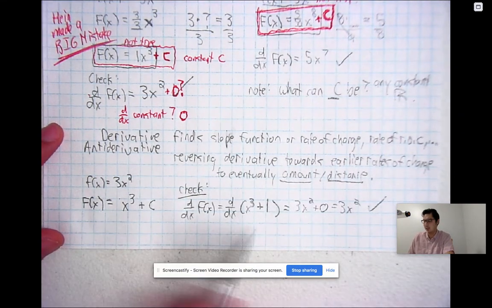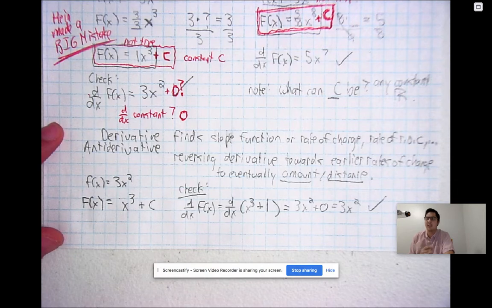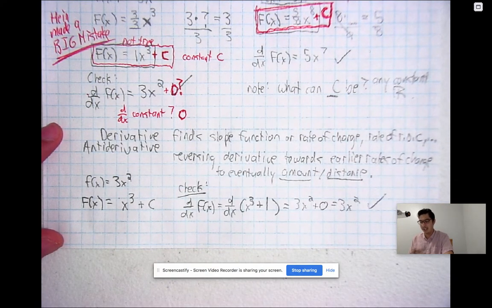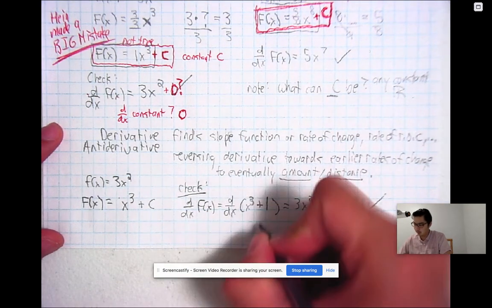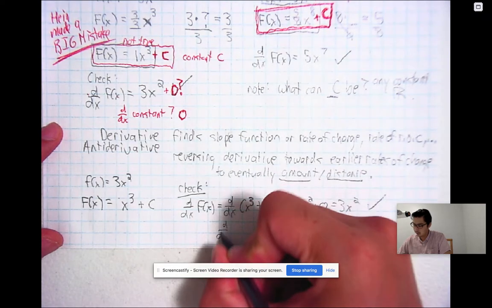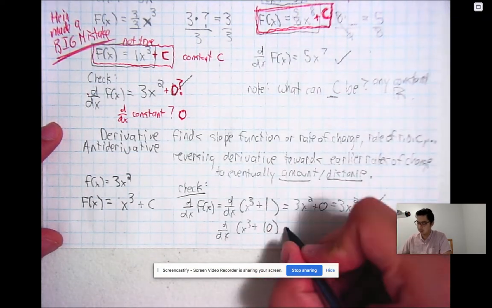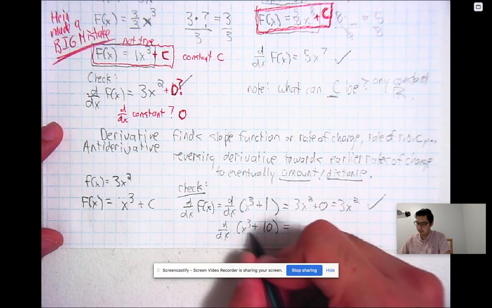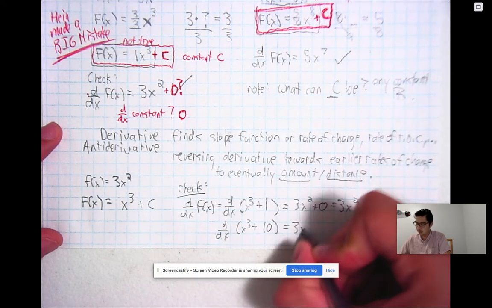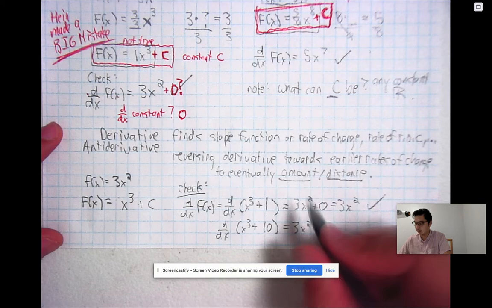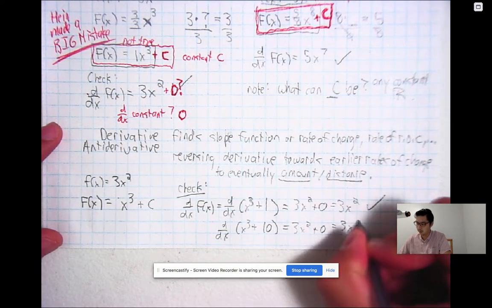So we would have said, oh, yeah, x to the third plus 1, that's an antiderivative. But did it have to be plus 1? What if we would have made it plus 10? Does that change anything? The derivative of x to the third plus 10 is 3x squared, but the derivative of a constant is 0 again, so that's also 3x squared.